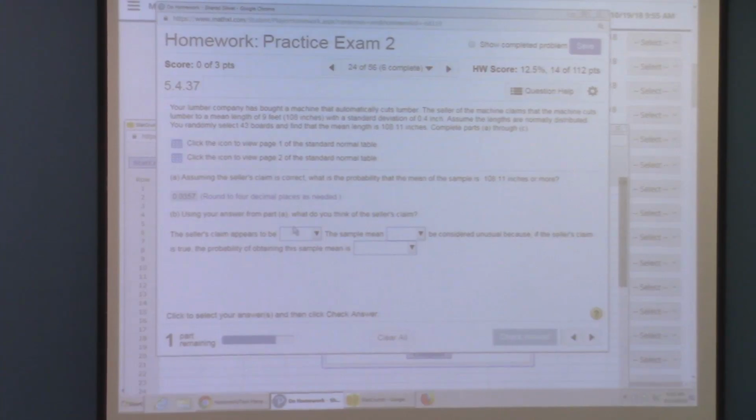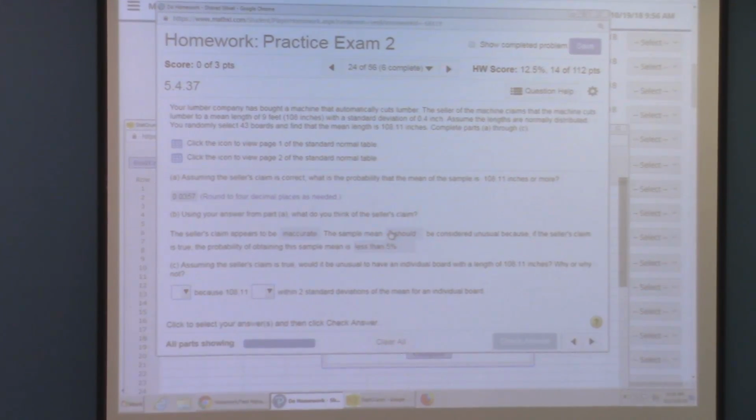So the seller's claim turns out to be inaccurate. The sample mean should be considered unusual because the sample mean had a very low probability. It's unusual because the probability of taking this sample is less than 5%.